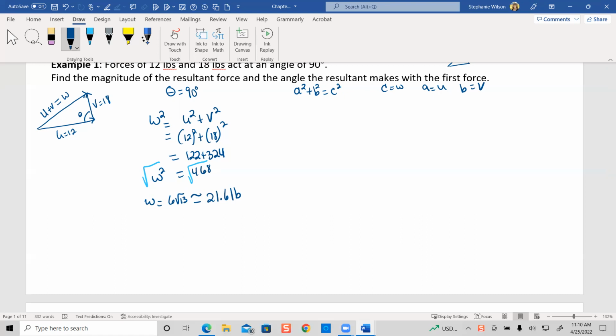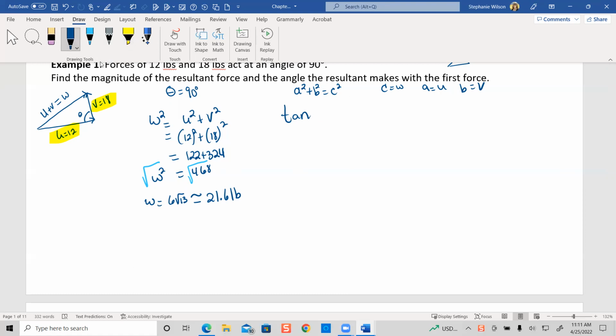All right, now that I got that, let's find the second angle, okay? So now when I look for the second angle, what do we know? We know the adjacent and the opposite sides, right? And whenever we talk about that, then I know that I can use tangent of some angle. We already know what theta is, it's 90 degrees.